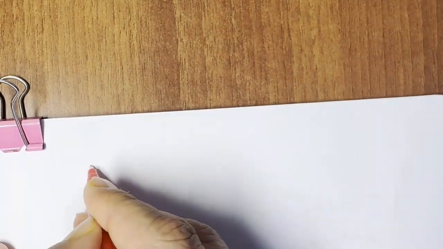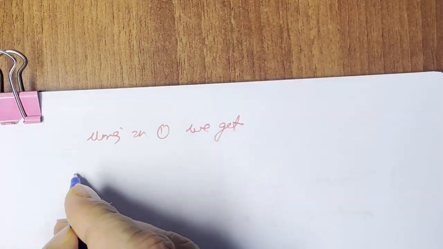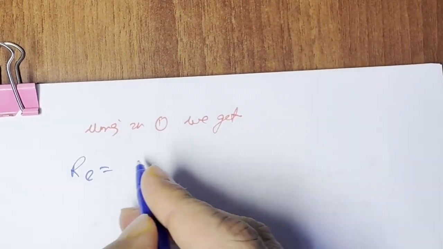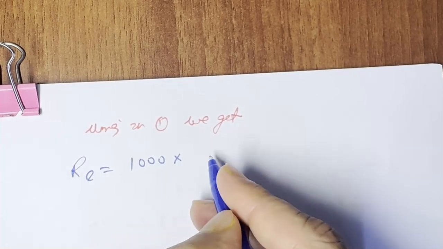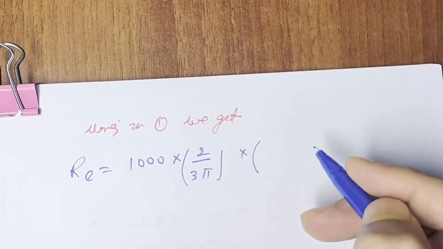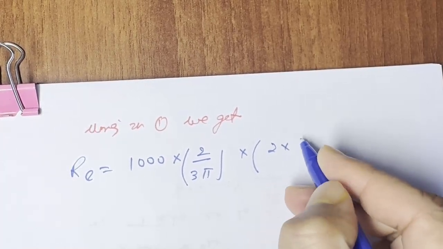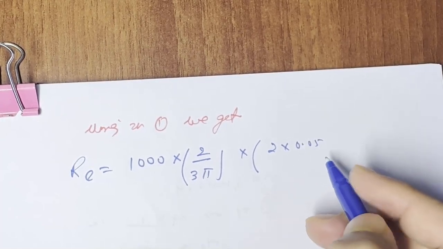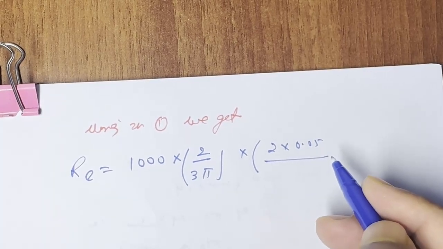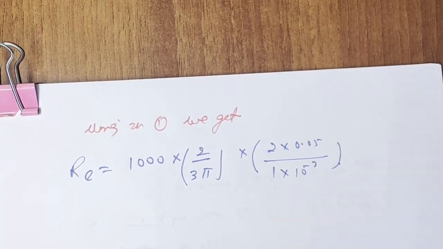So therefore the Reynolds number, using equation 1, we get Reynolds number is equal to 1000 multiplied by 2 by 3 pi and multiplied by, for diameter we have 2 multiplied by the radius, that is 0.05, and divided by our mu, that is the coefficient of viscosity, which is 1 into 10 to the power minus 3.